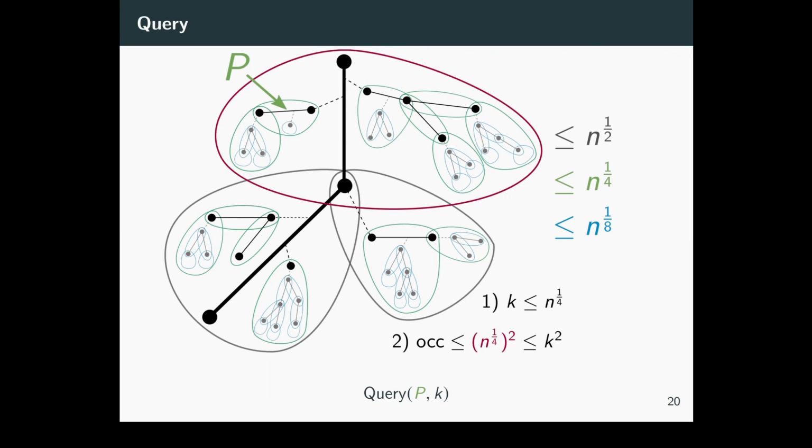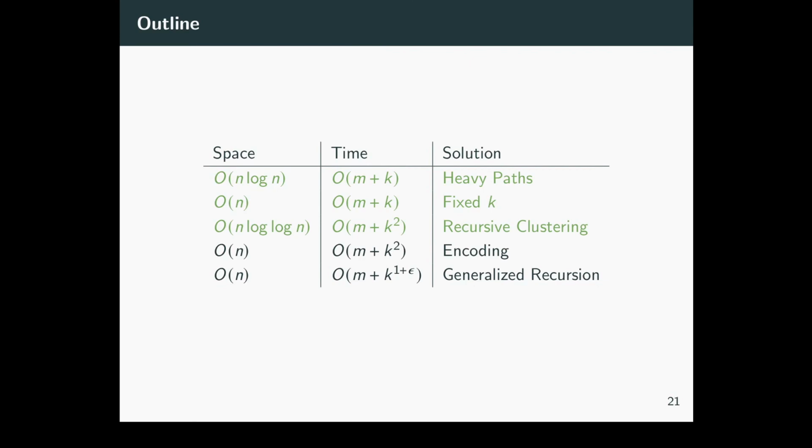So we can simply construct all the occurrences of P, construct all the consecutive pairs, and output the K smallest, and it's going to take us O of m plus K squared time. And thus we can always answer queries in this time. And that is really the main solution of our paper here.